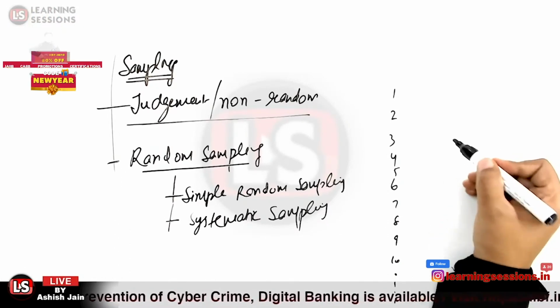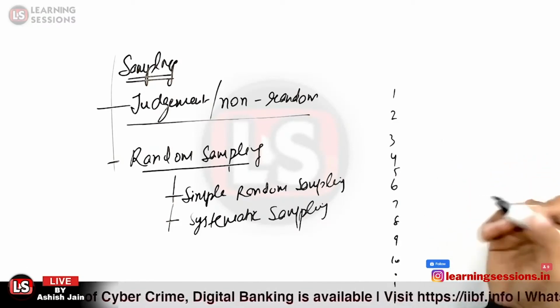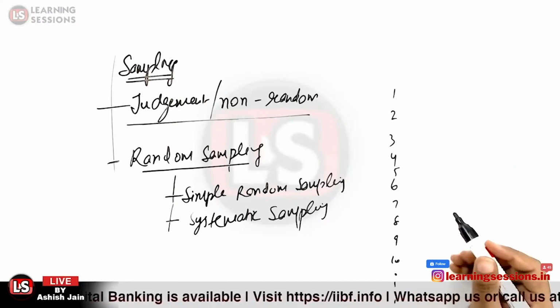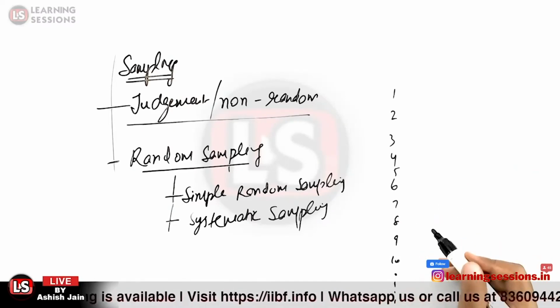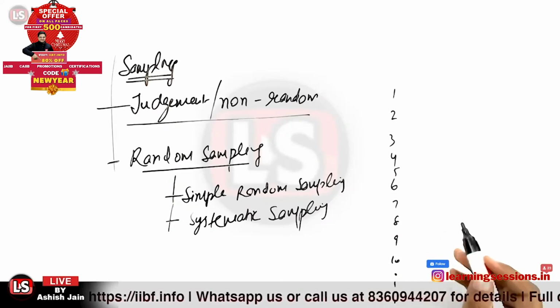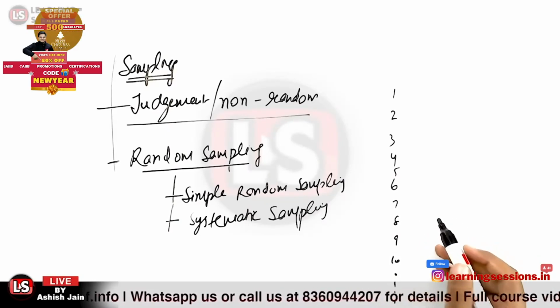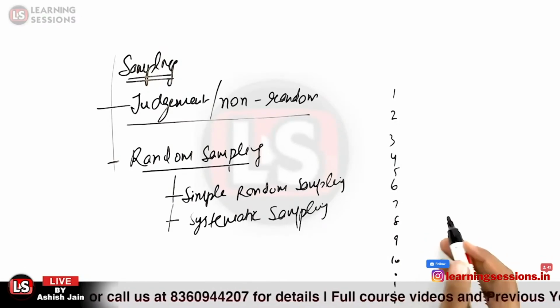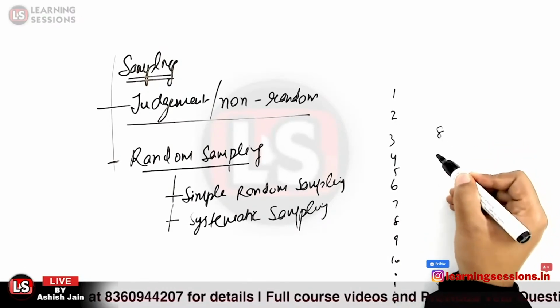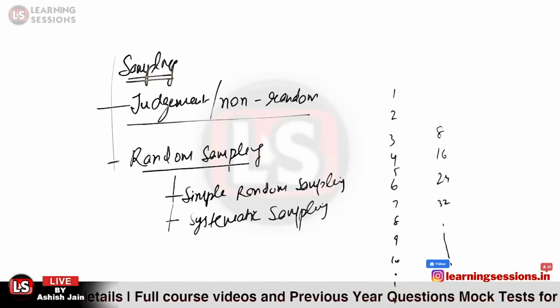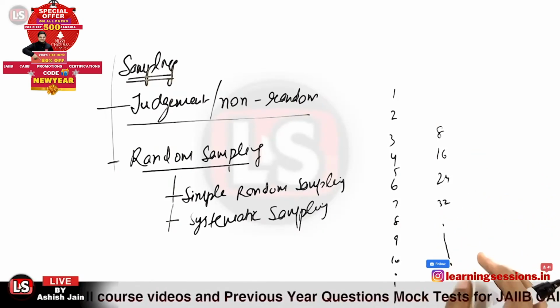Likewise, we selected the student at number 8. First of all, we basically numbered the students, allotted a number to each student, and after that we selected a particular student. In this case, we are assuming that we selected each and every 8th student: the 8th student, 16th, 24th, 32nd student, and so on, such that we selected every student who is a multiple of 8.